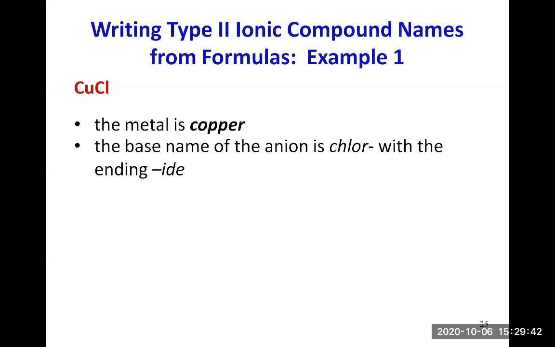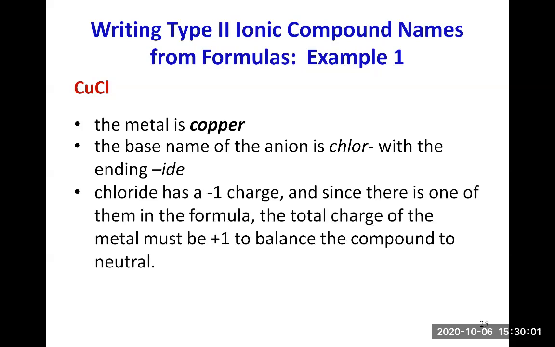The only difference here with what we have done with type 1 metals is that copper is a type 2 metal. It's in B group, and it's not an exception. So we need to find out the charge on copper using the chloride ion. There is one chloride, and the chloride ion has one negative charge.